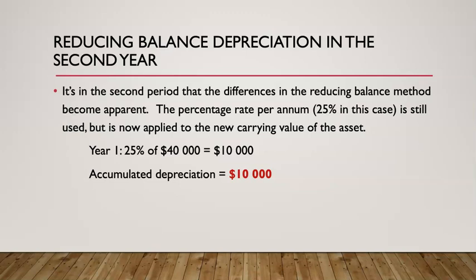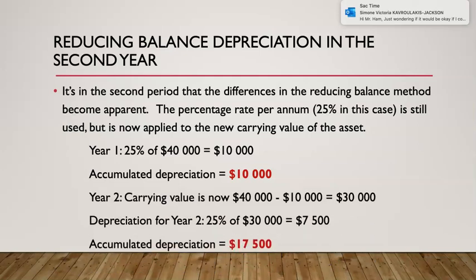In year one, we applied it to $40,000, which gave $10,000. However, we have a new carrying value. The new carrying value is now $30,000 because carrying value is purchase price, cost price, minus accumulated depreciation, and we have $10,000 there.